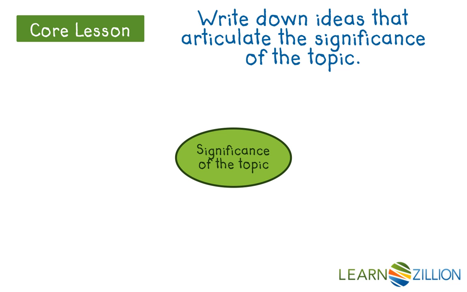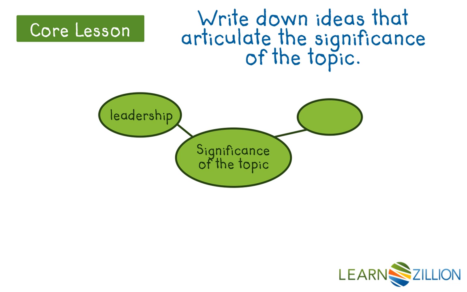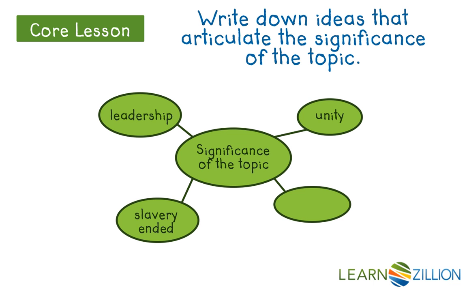From the introduction, we mentioned how Lincoln showed leadership, so we should add a bubble that says leadership. Also, he wanted unity, so let's add another. And that slavery ended was a very significant part of Lincoln's message. So let's add that one. And his appeals are central to the topic we've been writing about.